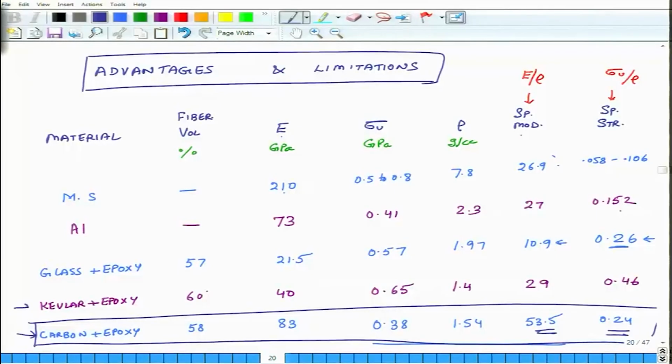They do not use Kevlar to that extent. Kevlar has other important applications, but carbon epoxy composite is really popular in applications where you need to reduce the mass without necessarily compromising on stiffness and strength. Okay. So, this is an overview I wanted to give you.